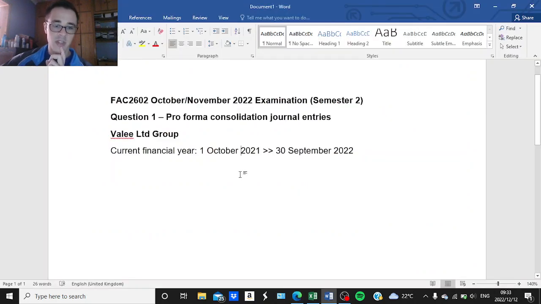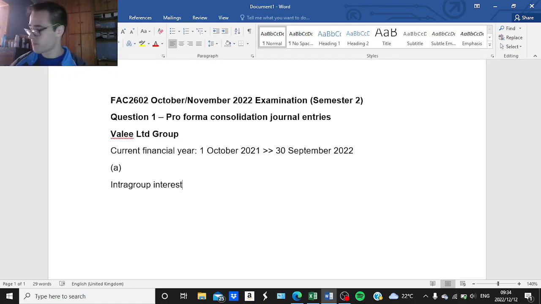So let us first do that. So for number A, intergroup interest for this year that we have to eliminate, because if you think about it, the group cannot pay interest to itself, which is why we need to eliminate the interest that was paid by the subsidiary Rancho Limited to the parent Valley Limited.